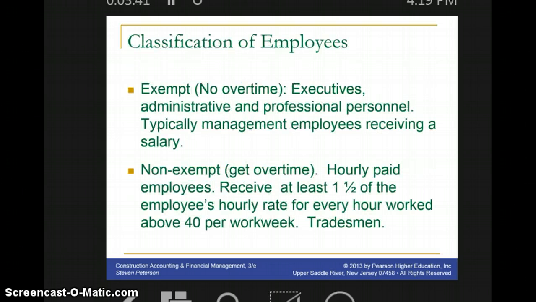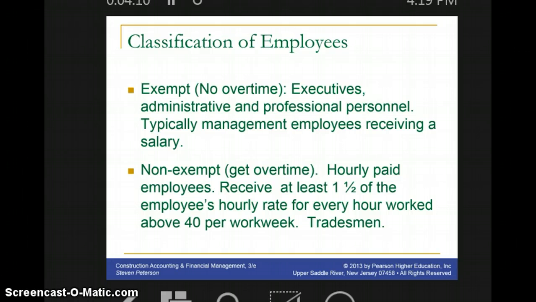First, let's classify the employees as exempt and non-exempt. The exempt employees are the ones that are exempt from overtime. In other words, they do not get any overtime for their work. Those employees are typically management employees receiving a salary, such as company executives, company owners, administrative and professional personnel.